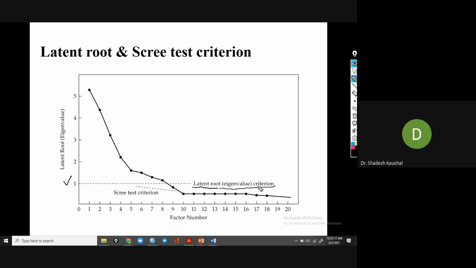If the eigenvalue of a factor is greater than 1, we retain it, and if the eigenvalue is less than 1, we do not take those variables in our study. So here one way to decide the number of factors is the latent root or scree test criteria.